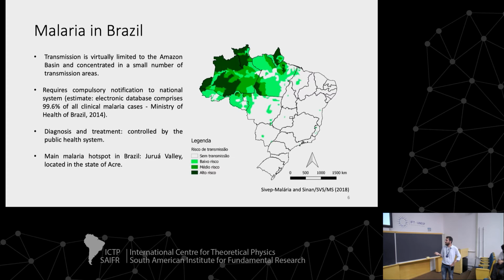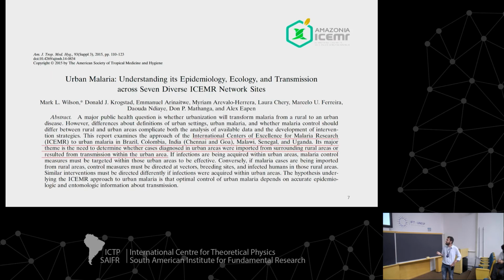One of the main hotspots in Brazil is the Juruá Valley, located in the state of Acre, and here we concentrated our study. So this work is part of this main project, the ICMR. ICMR stands for International Centers of Excellence for Malaria Research. It's funded by NIH, and we intend to study urban malaria.